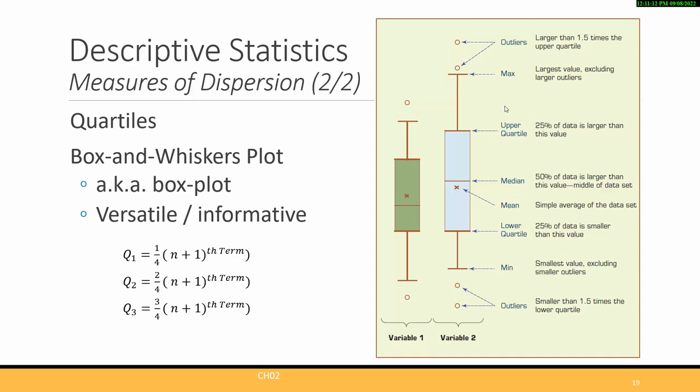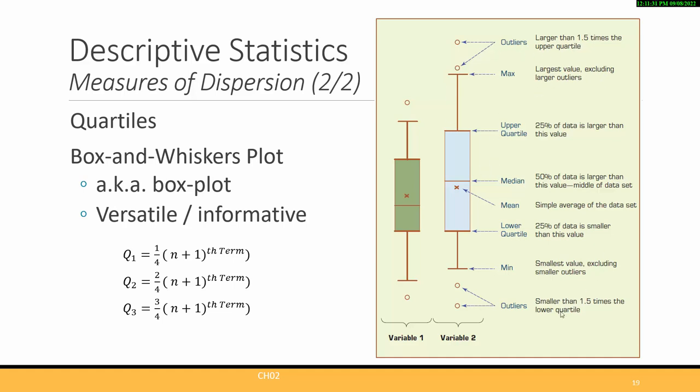Then we go to the upper quartile, which means 75% of the data is below this value and only 25% of the data is larger than this value. And where we have the top whisker, this is the maximum or the largest value excluding the outliers.